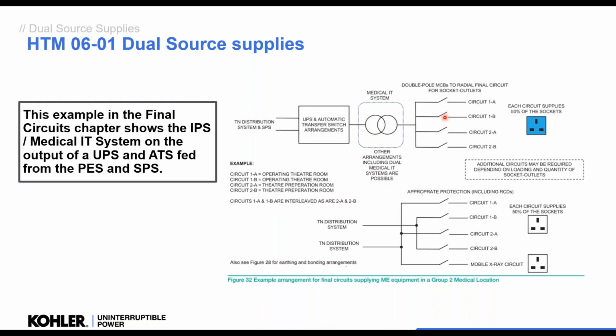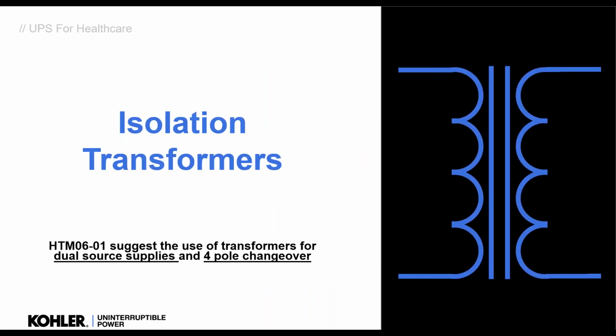And we do have different people looking at feeding it from both places. So we have central UPS with dual sources, and then dual sources at the medical IT. Not necessarily required. So then we talk about isolation transformers, and this can be confusing as to why we're going to use them.